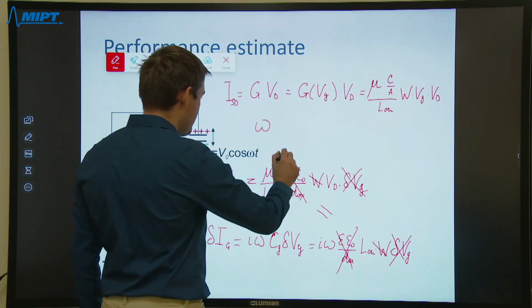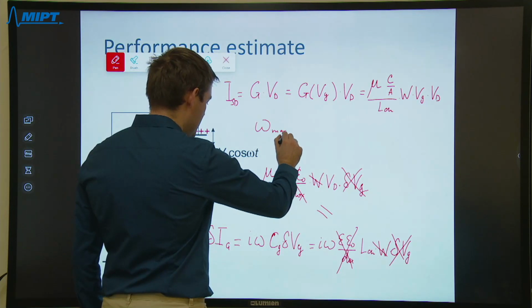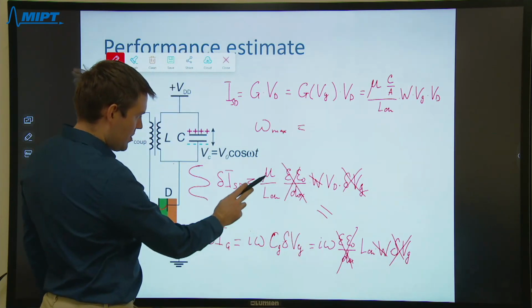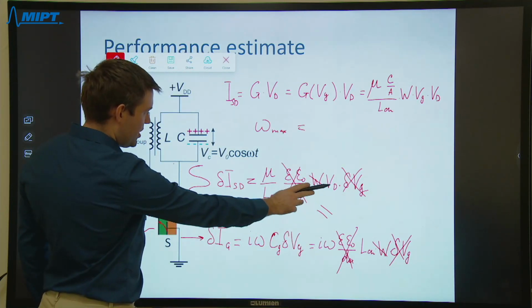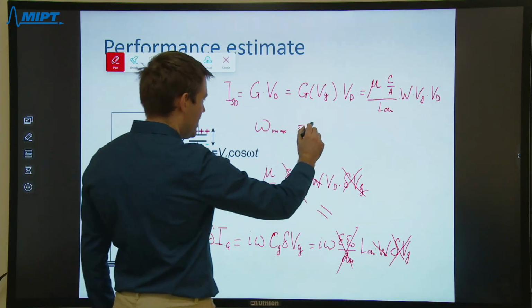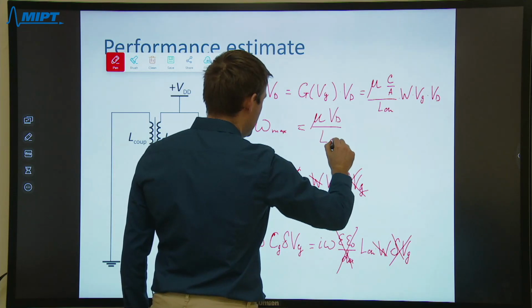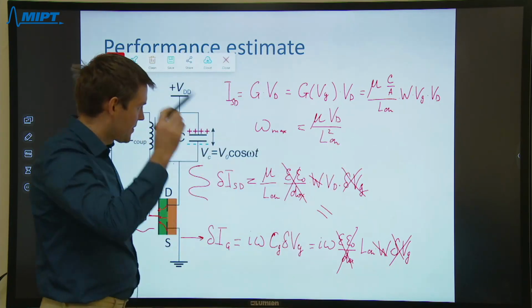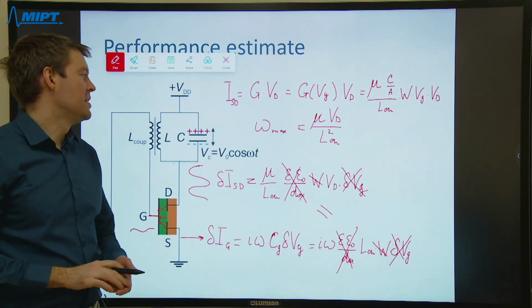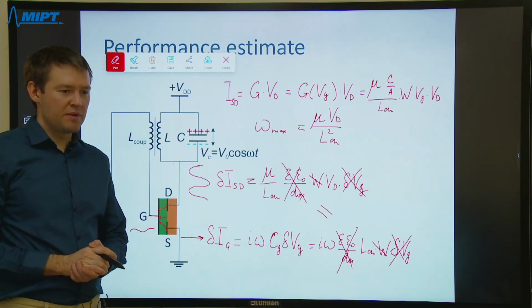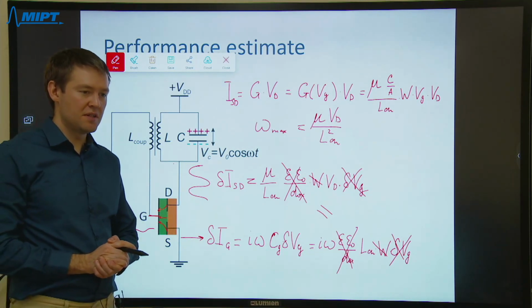So we make the maximum frequency equal mobility multiplied by operational voltage divided by channel length squared. Mu Vd divided by channel length squared. By order of magnitude, it is the same as we obtained from simple Newton's law consideration.